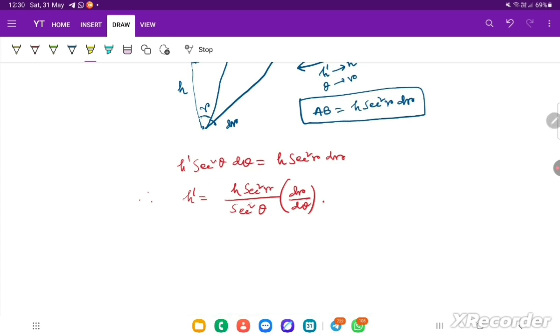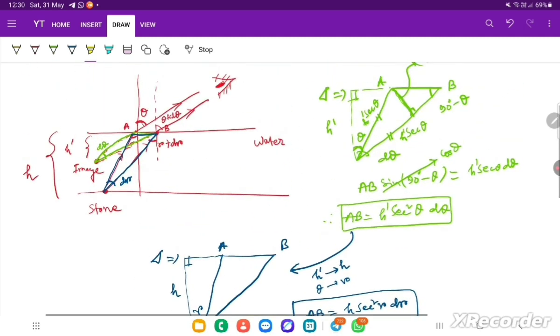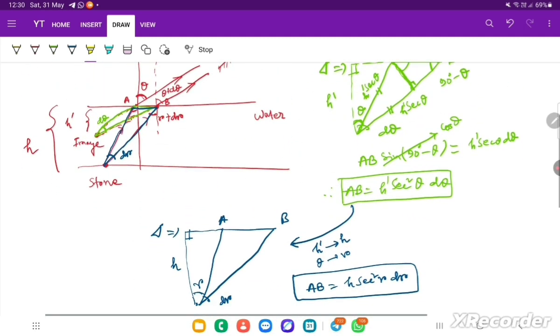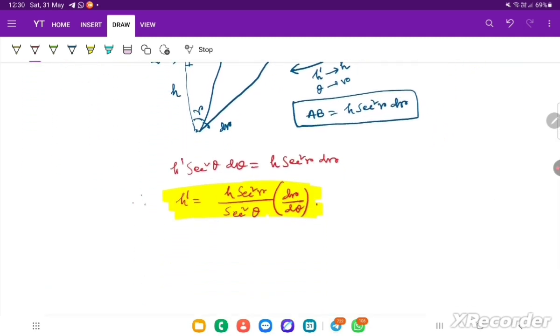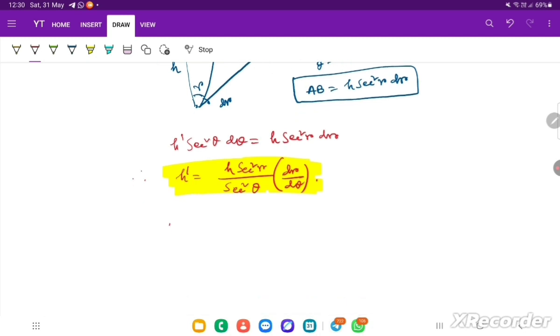Let me keep it here, and now I will use Snell's law at this point of incidence. For the air medium I can write the refractive index as 1, and the angle of incidence is theta, so sine theta, as shown in the figure.